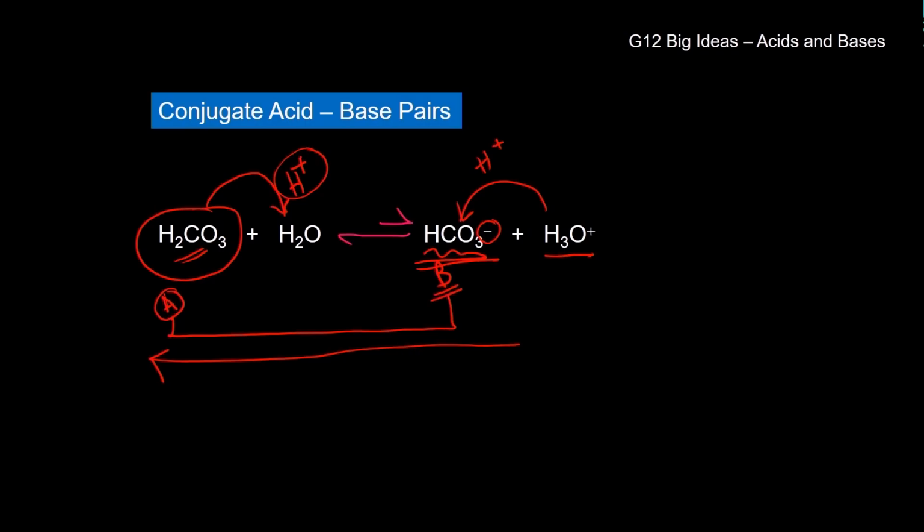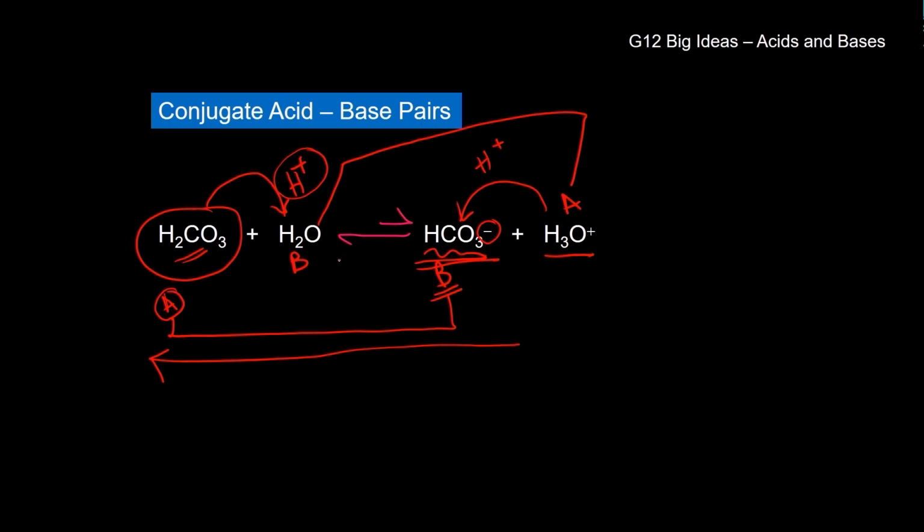What about the water in this case? Well, the water is taking on the proton, so it is the base in the forward reaction. And what about the reverse reaction? Well, it's donating the proton, so it is going to be the acid. So this is the second conjugate acid-base pair.